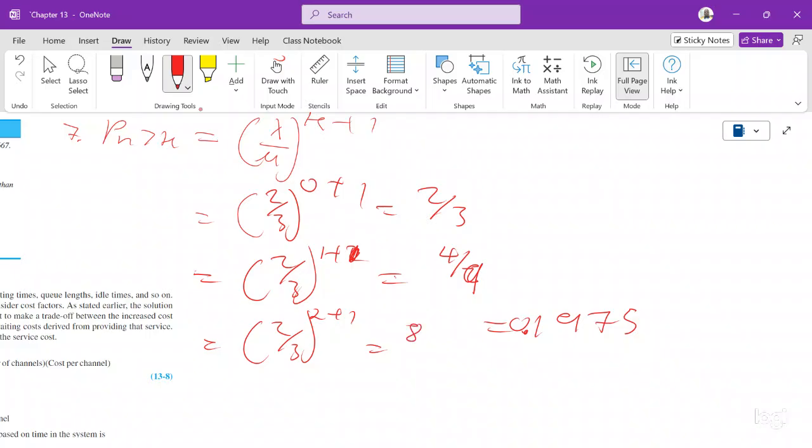It's 8 over 27, which is 0.296. Okay, then the last one is 2 over 3, 3 plus 1 equals 4, so 3.